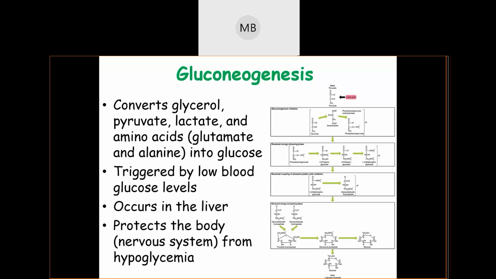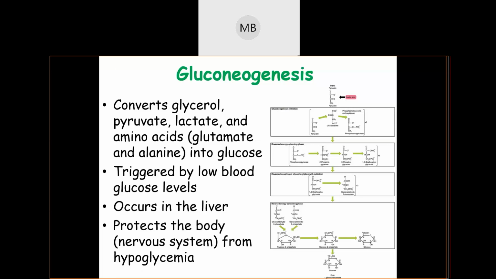When your body has low blood sugar, it will trigger something called gluconeogenesis, which is creating new sugars for your bloodstream and your body. So this is the chemical process of converting glycerol, pyruvate, and a bunch of other things into glucose. This is breaking down fat to turn into glucose. Right?